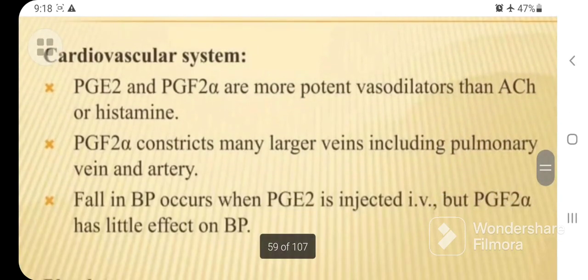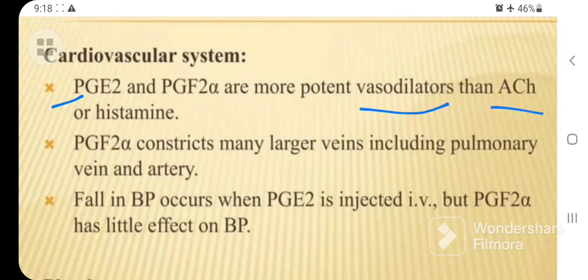In the cardiovascular system, prostaglandin E2 and prostaglandin F2 are more potent vasodilators than acetylcholine or histamine. You know that histamine and acetylcholine are vasodilators, they will dilate the vessels, clear.